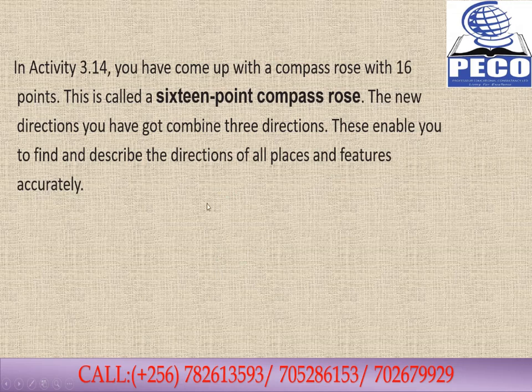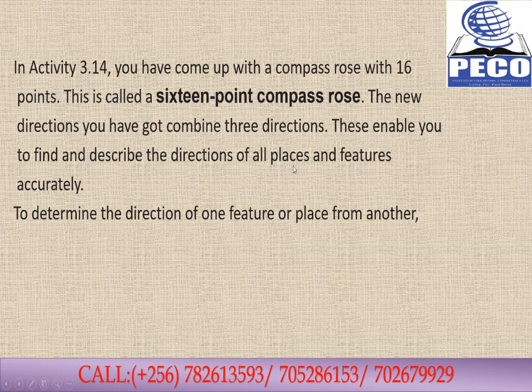So we are getting direction and directing someone accurately by using what we call a compass rose, which can either have 4 cardinal points, 8 or 16 cardinal points. But the major 4 are north, east, south and west. Then when you subdivide those 4, you get 8. When you subdivide the 8, you get 16. And those accurately help us to find places and features on the maps.